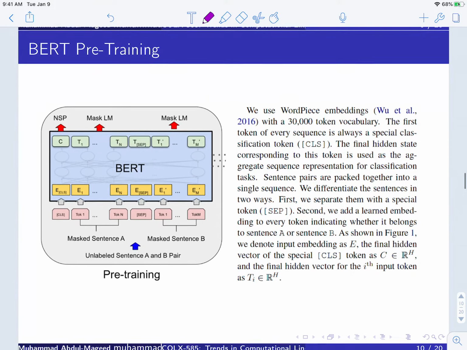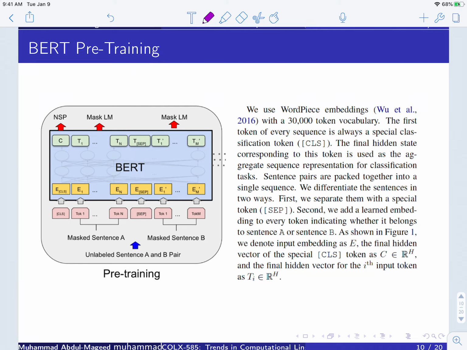Let's talk a little bit more about BERT pre-training. Let's not look at the illustration now. Let's just first look here. We take certain words and we tokenize them with a tool called WordPiece.